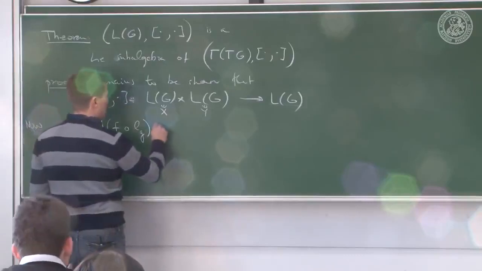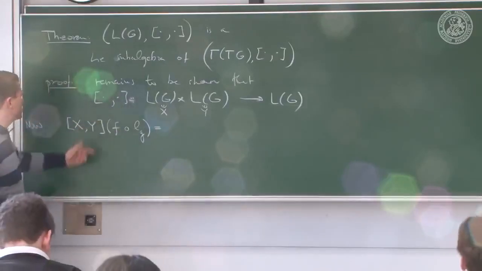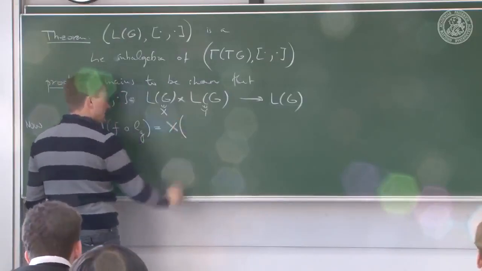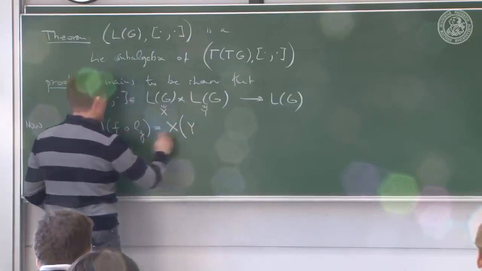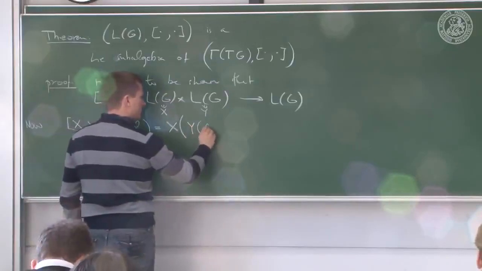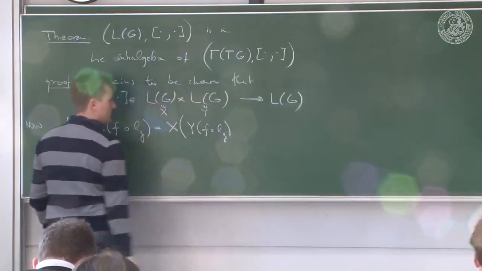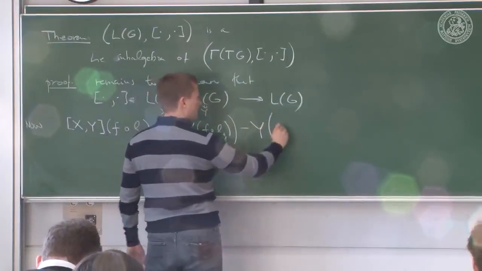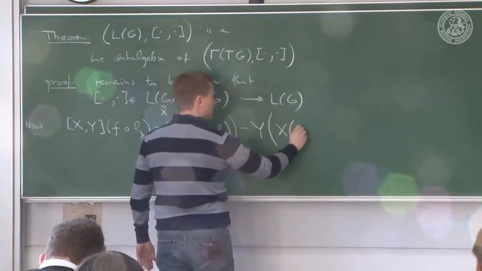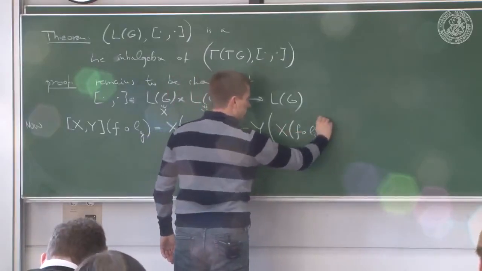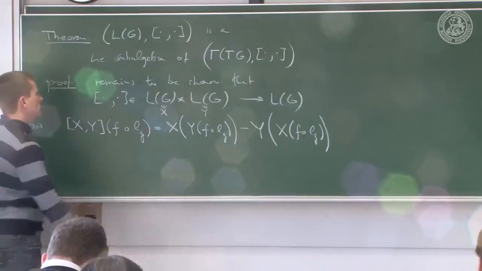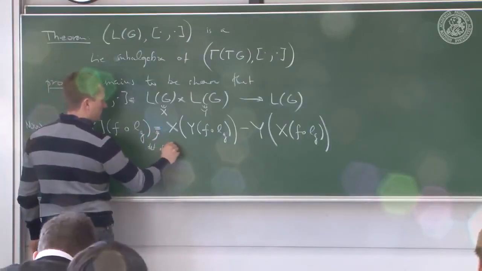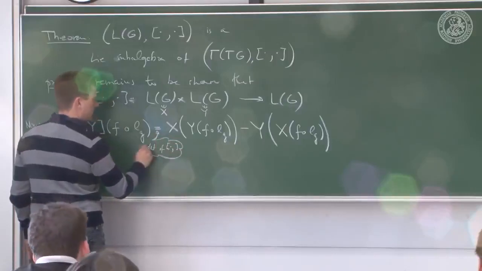So how do we do this? Well, that works as follows. What's the commutator of x and y? Well, that's x applied to y applied to the function that's given there, minus y applied to x applied to the function that's provided. Okay, that's the definition of the commutator between two vector fields.